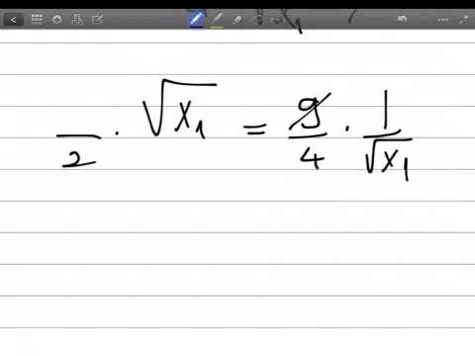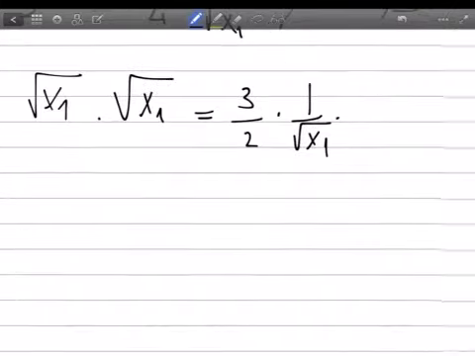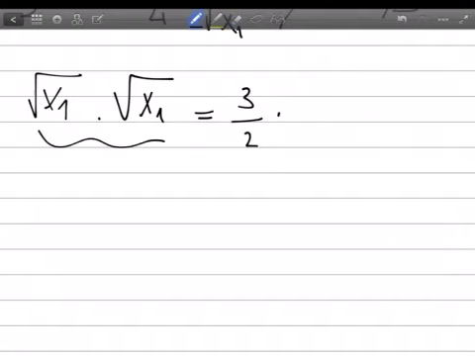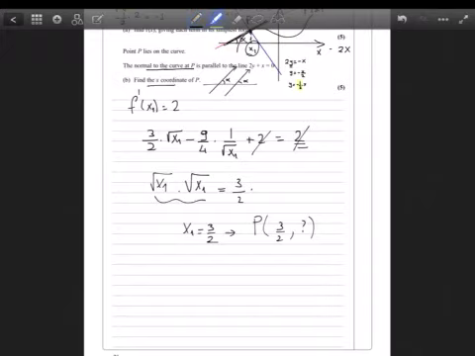These 3's cancel, and the 2 and the 4 cancel, and we can multiply both sides by the square root of x1. These combine, and we have x1 is 3 over 2. That is point P, 3 over 2 comma something. And the question asks for the x coordinate of P, and we are done.